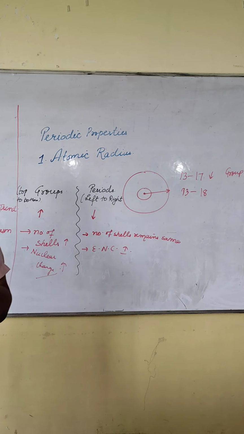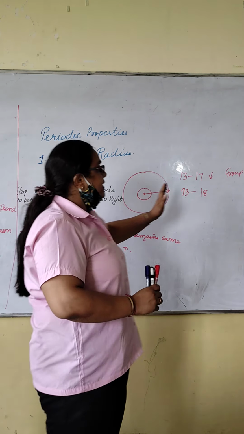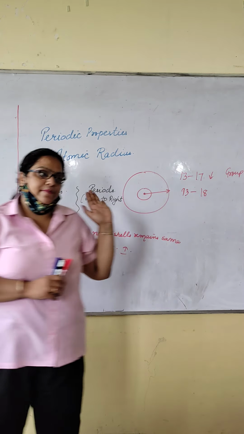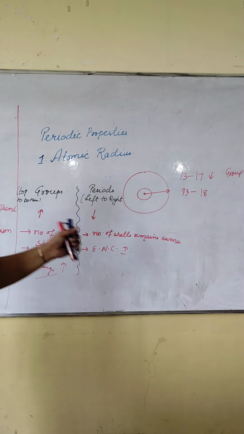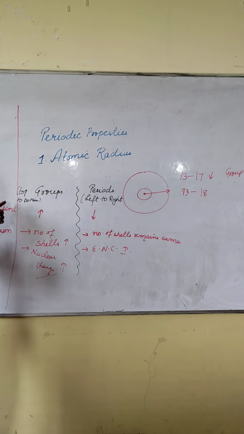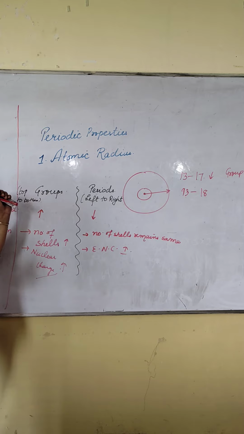The van der Waals radius is greater in size than the covalent radius. Okay? So in group 18, the size is greater than group 17. This is the trend of atomic radii along the periods and in the groups.